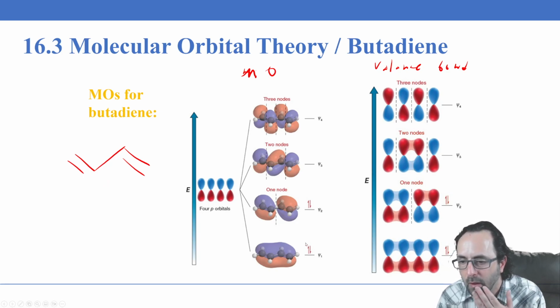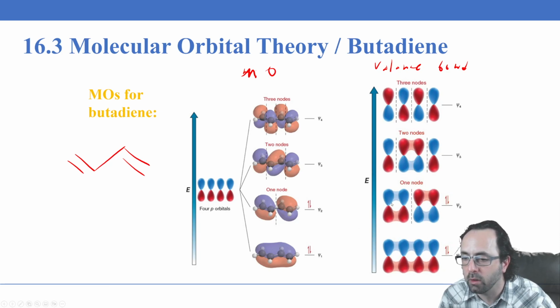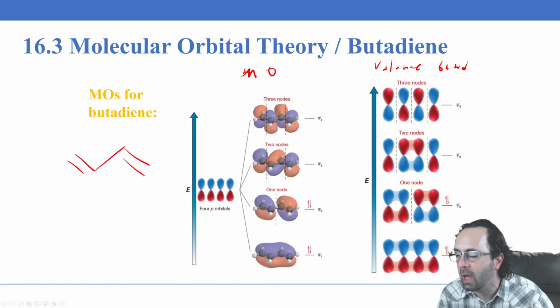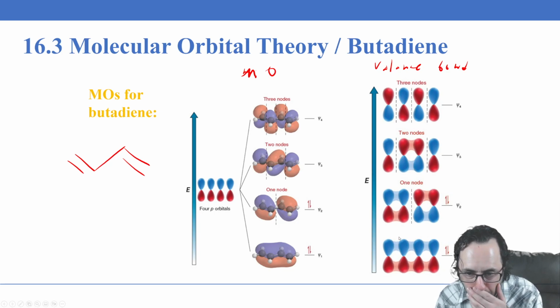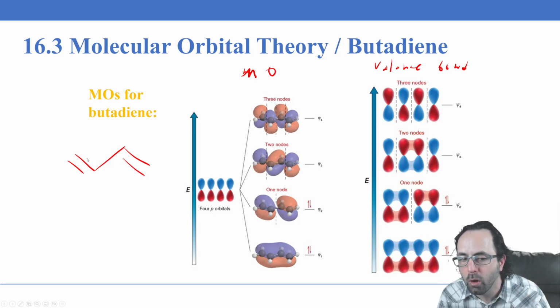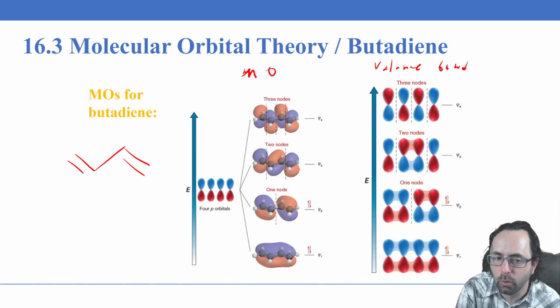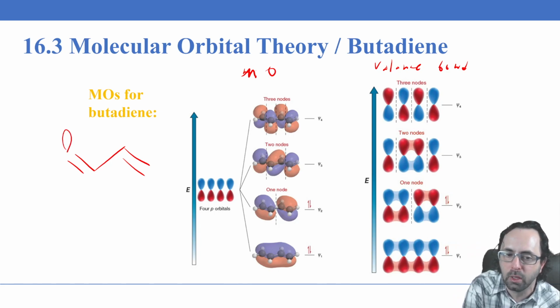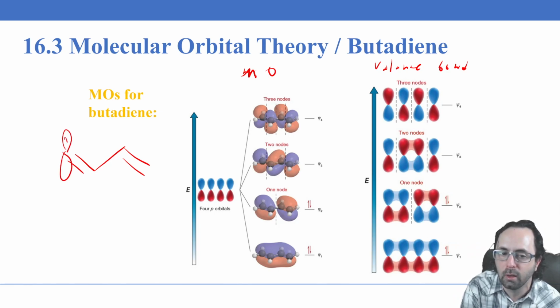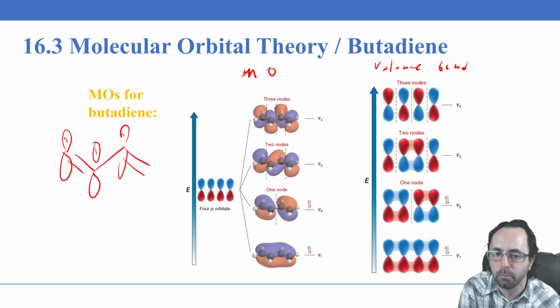The other potential molecular orbital is the one where there's one node in the middle, which corresponds to the sideways overlap of two p orbitals on one carbon versus the other, which are now in opposing directions. And there are 4 p orbitals here, each with 1 electron, right? Here's 1 p orbital, it has 1 electron. Here's 1 p orbital, it has another, and they're all sideways overlapped with 1 electron in them.